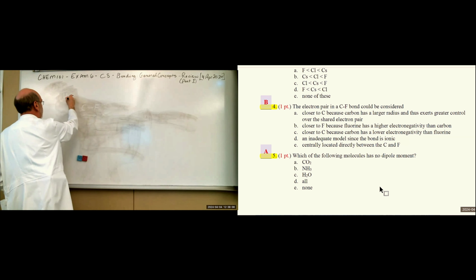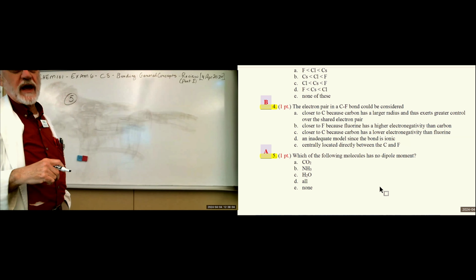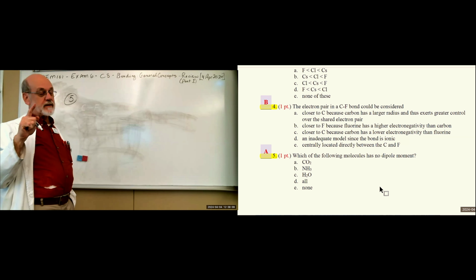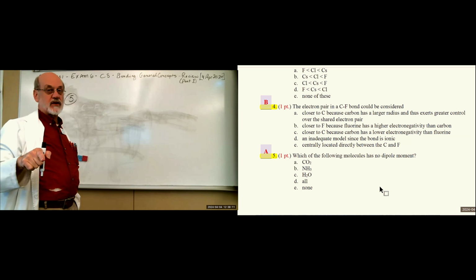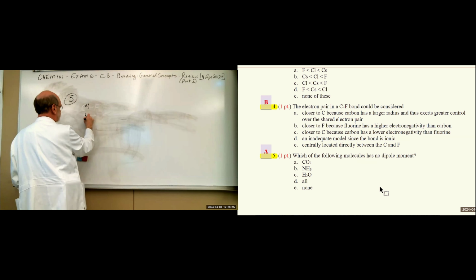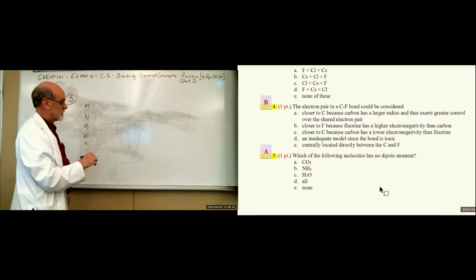5. Which of the following molecules has no dipole moment? Now, notice we're not talking about the bonds. We're talking about the molecules. You have to know something about the bonds, and you have to know the geometry.